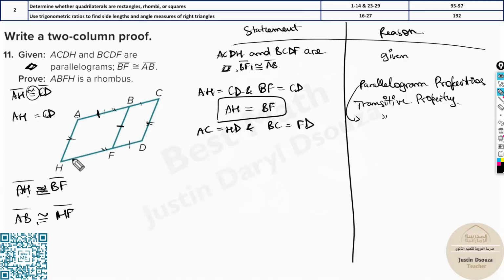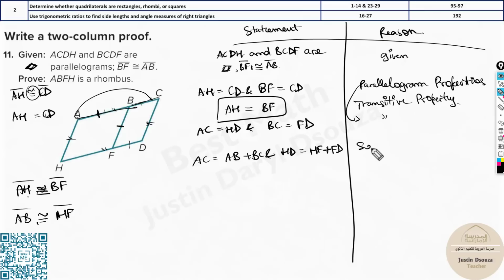But how can we prove AB and HF? So we need to write AB somewhere. How can we write AB? We know total AC, right? AC is equal to AB plus BC, isn't it? Segment addition. So I'll write AC will be equal to AB plus BC, and here HD will be equal to HF plus FD. Why?